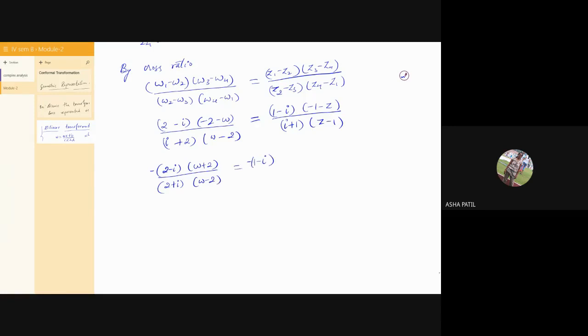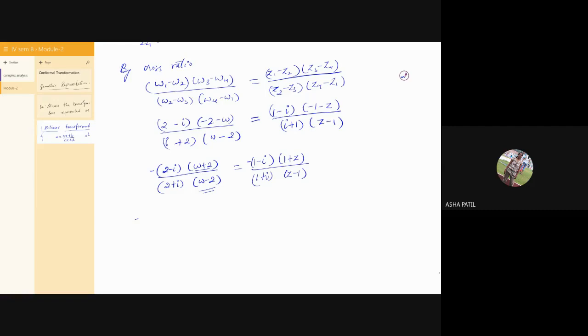Again, let us take minus outside from the second term, 1 plus Z, then 1 plus i, Z minus 1. So how will you simplify? See, simplification can be done in any way. You have W plus 2 and W minus 2, so we can go for componendo and dividendo, but before that, let us simplify these terms.